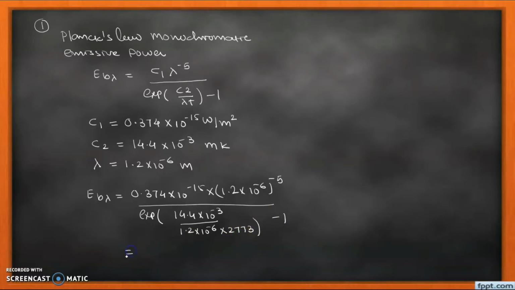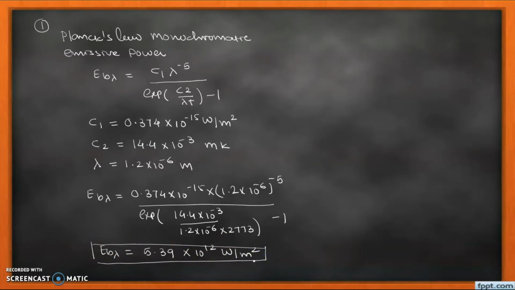By calculation, we get the monochromatic emissive power at a wavelength of 1.2 micrometer as 5.39 into 10 to the power 12 watt per meter square. So this is our first answer.